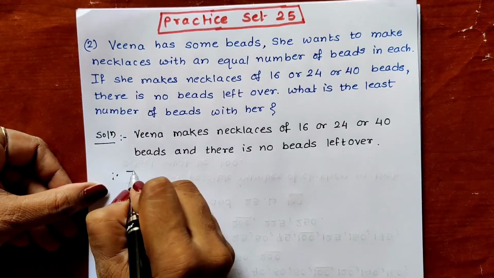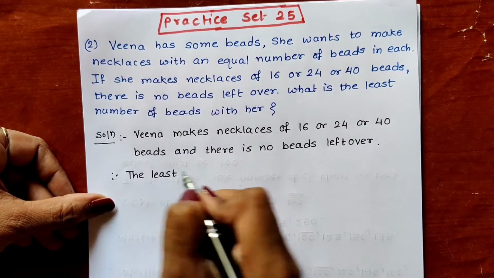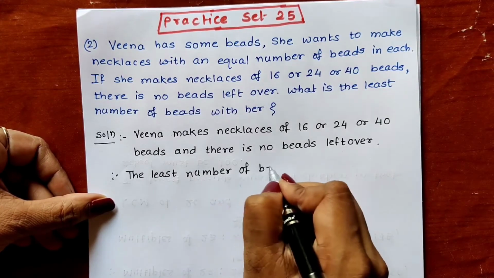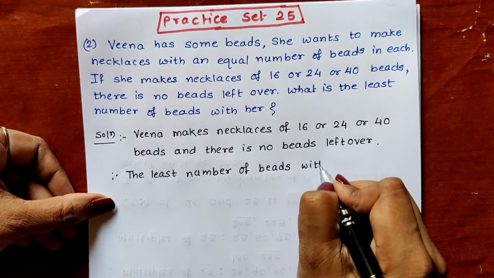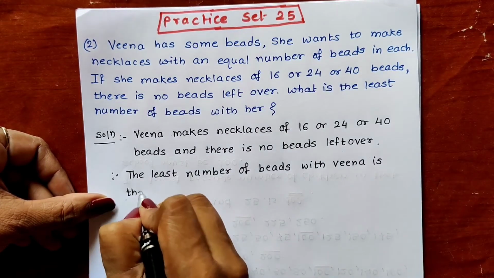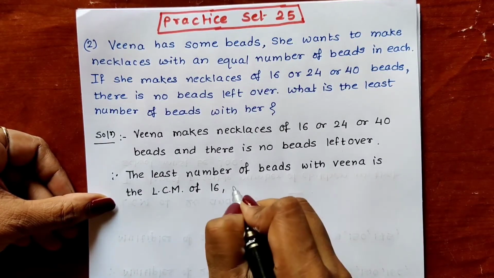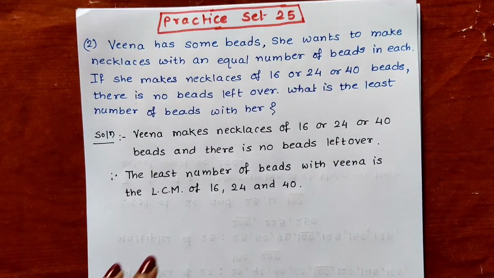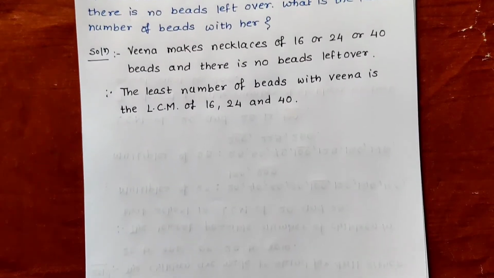Therefore the least number of beads with Veena is the LCM of 16, 24 and 40. So we will be finding the LCM of 16, 24, 40 to find the least number of beads with Veena. So let us find out.